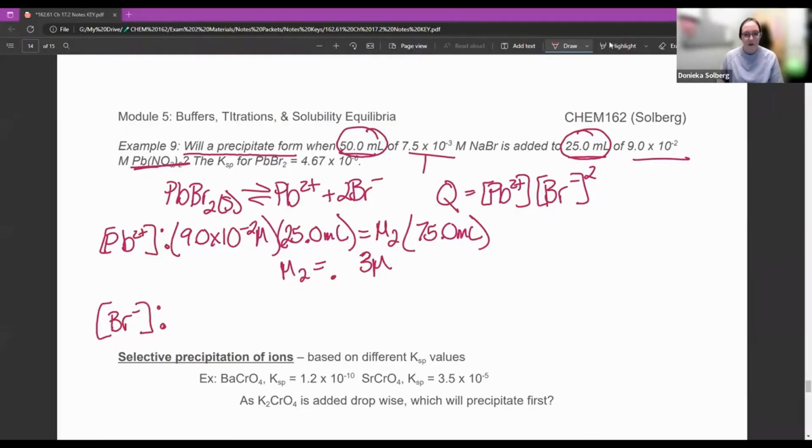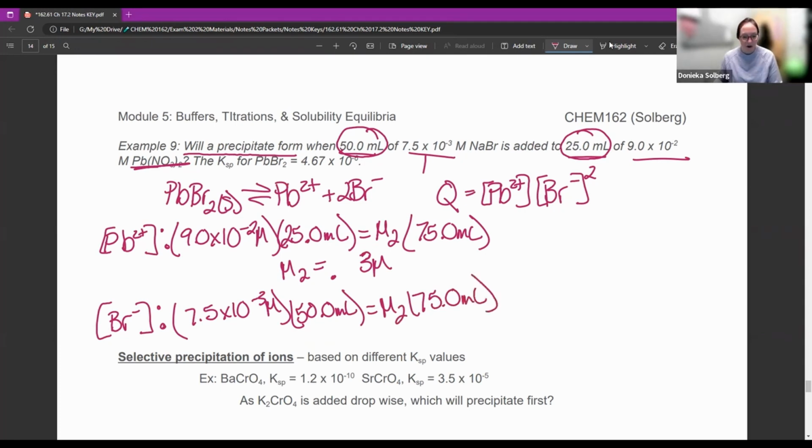All right, this was 7.5 times 10 to the negative third molar, and I used 50 milliliters of this equals M2 times 75 milliliters. Okay, so the molarity of my bromide ion is 0.005. So we're going to plug those into Q, solve for Q, and see if we'll make a precipitate.